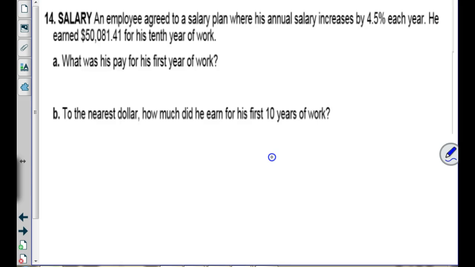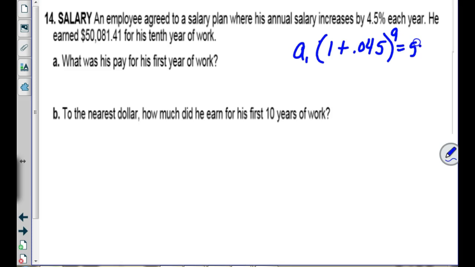Okay. A salaried employee is getting an increase by 4.5%. So their salary is going like this. This was his 10th year. So there was some first term. How many raises did he get by his 10th year, though? 9.